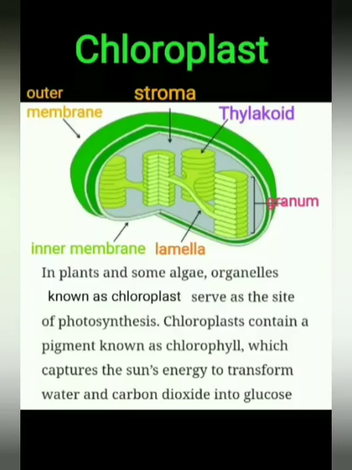Now chloroplast. Chloroplasts are the green plastids present in algae and in higher plants. They have the green pigment chlorophyll, which is involved in photosynthesis of food. Therefore, chloroplasts are also known as kitchen of the plant cell.